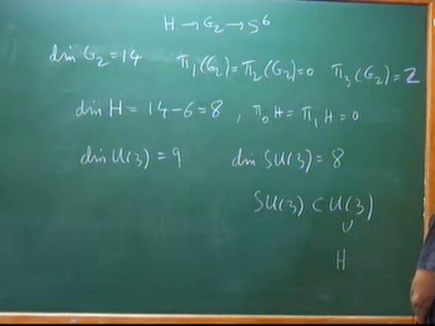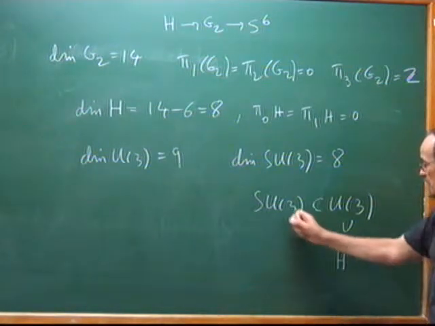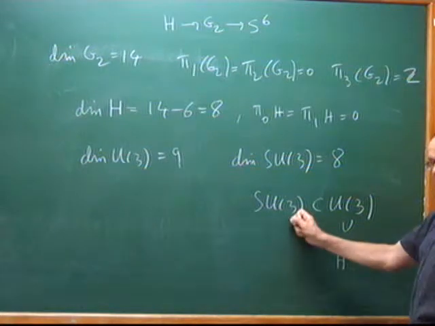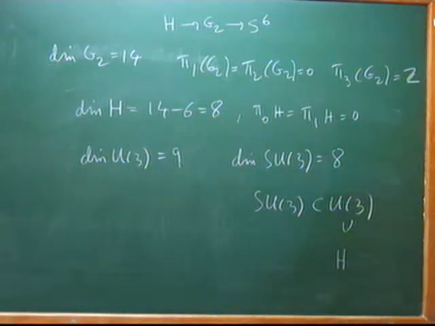I guess even pi 3, although it doesn't matter. But so H must be connected, right? So if I can show it lies in SU3, I have a connected subgroup with the same dimension as SU3, so it must be SU3. So how can I do that?